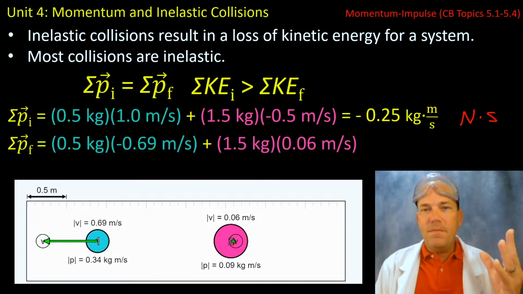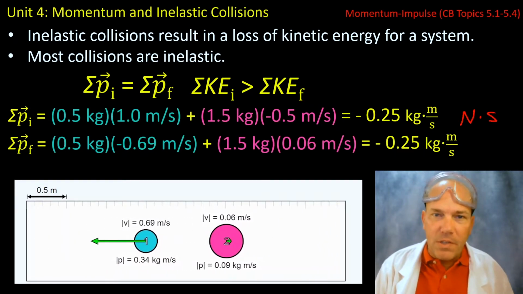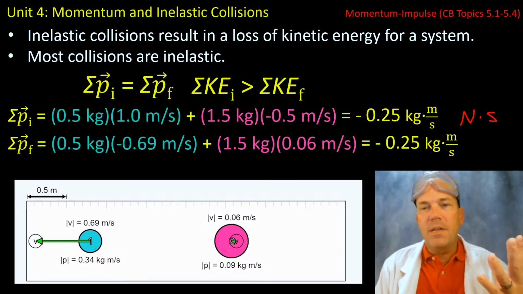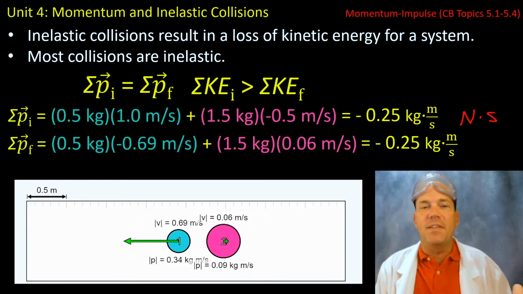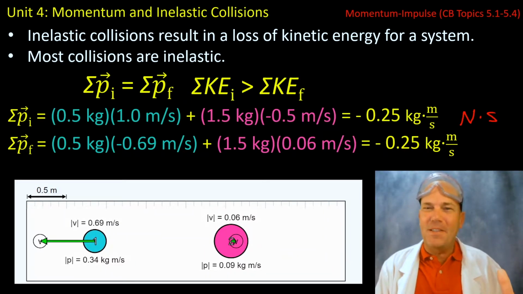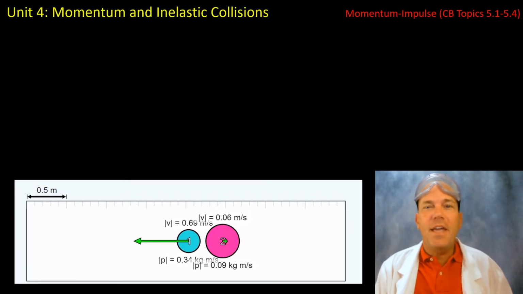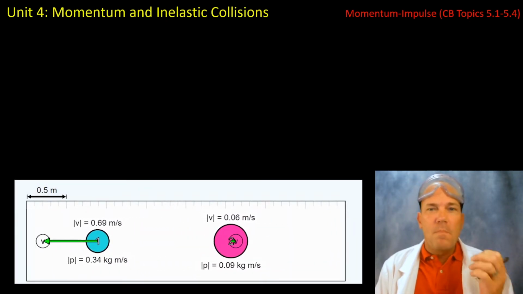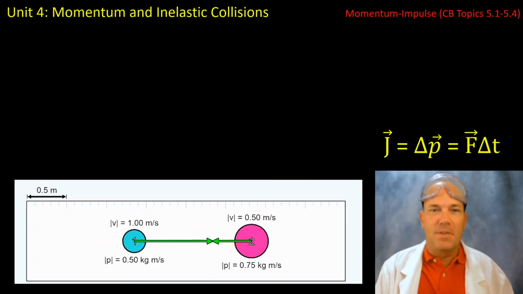We get that the final momentum for this system is also negative 0.25 kilograms times meters per second. So momentum is indeed conserved for this two-object system. Now let's go ahead and look at the individual momentum for the objects in this system.